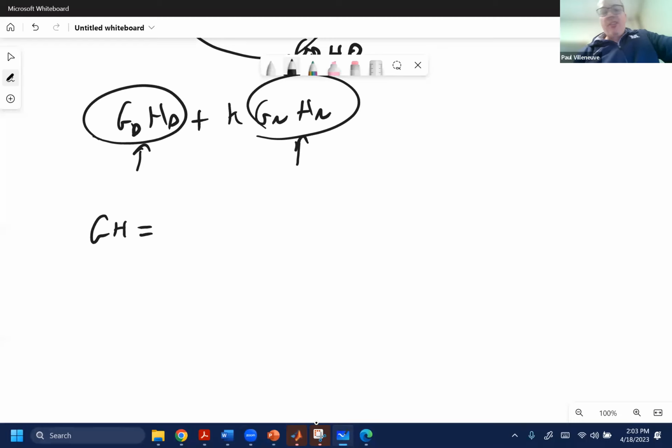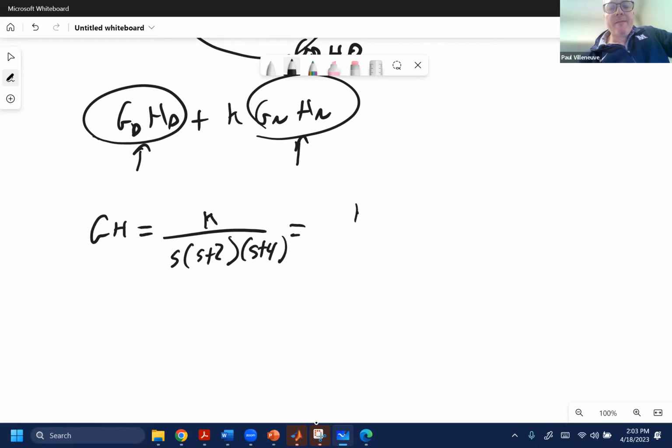G times H should be K over S times S plus 2 times S plus 4, which is equal to K over S cubed plus 6S squared plus 8S. I don't care what the system type is, even though this is a type 1 system, because the system type is only applicable to steady state error.